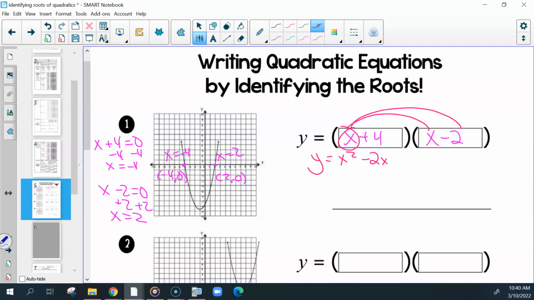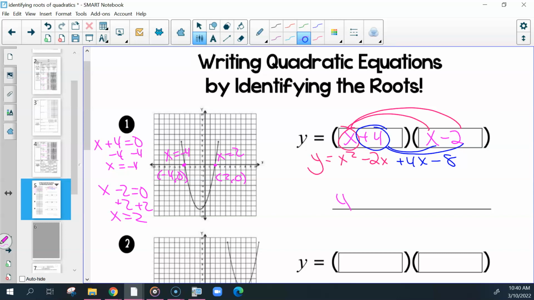Then we're going to do the same thing to the others. So take 4 and multiply it here. Four times x would give us positive 4x. 4 times negative 2 would give us negative 8. Then we could combine like terms to get our final answer.